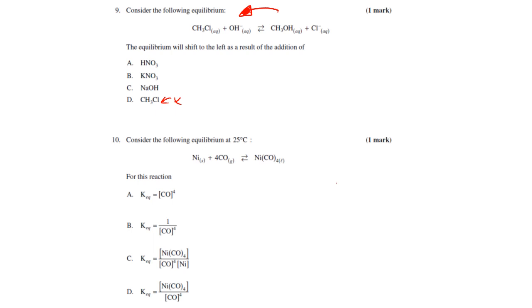And some people might choose this one right here, NaOH. This is also not a right answer. NaOH is ionic. It'll increase the OH, and this will make it shift right. Okay? KNO3 will do nothing. There's no K or NO3 in the above equation.